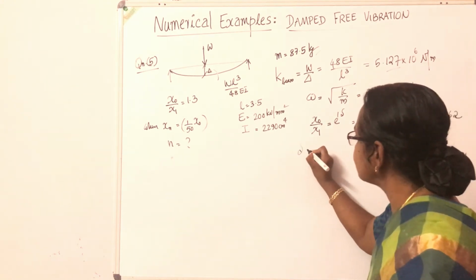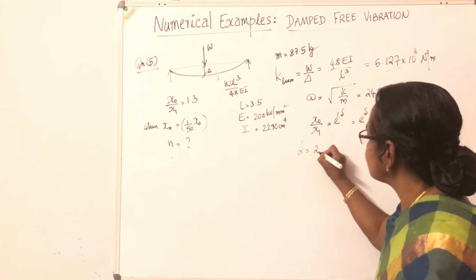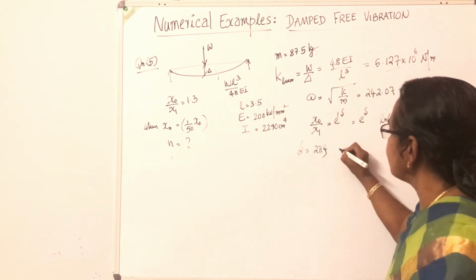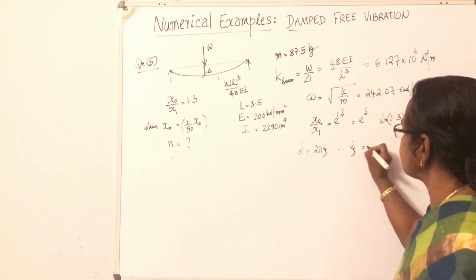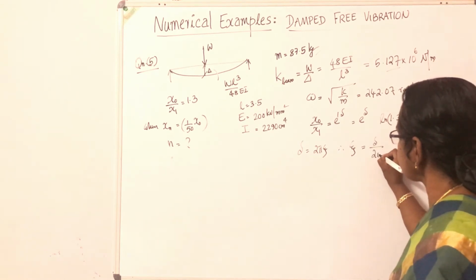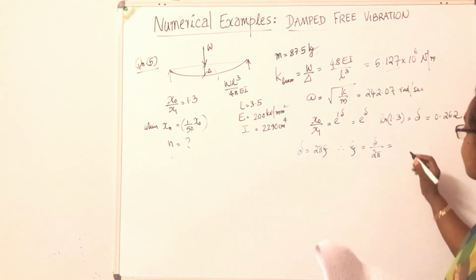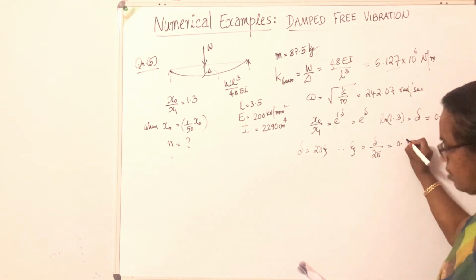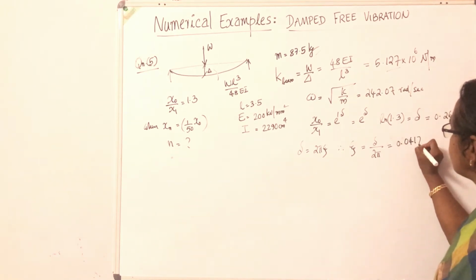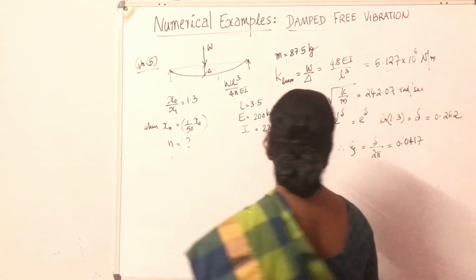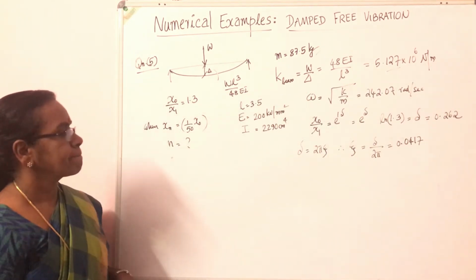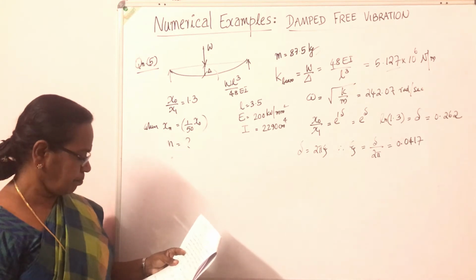Now delta is equal to 2 pi psi. Therefore, the damping ratio psi is equal to delta by 2 pi, which will work out to 0.0417. We'll get the damping ratio of the system.